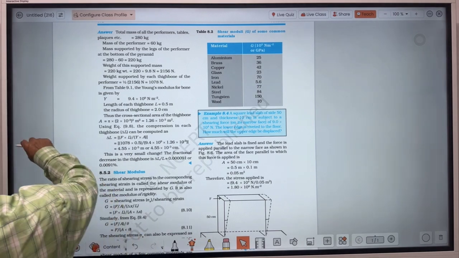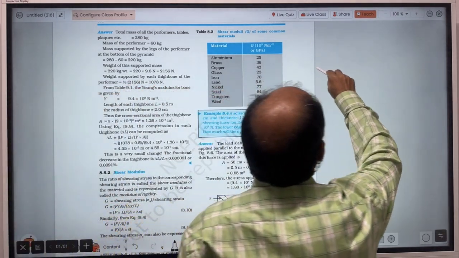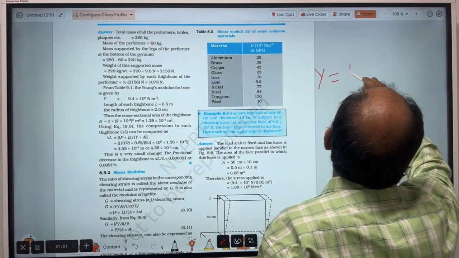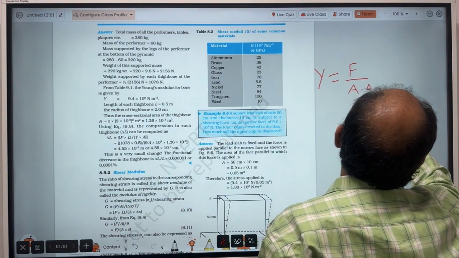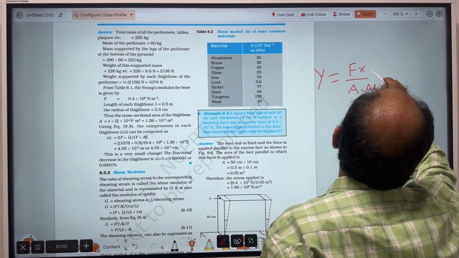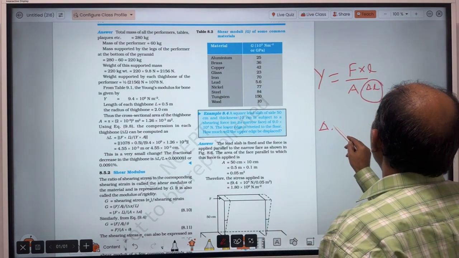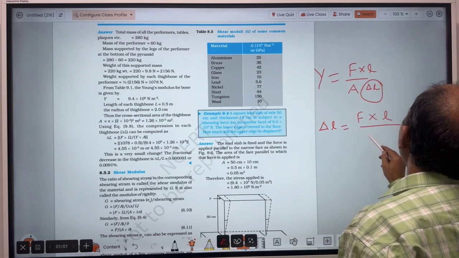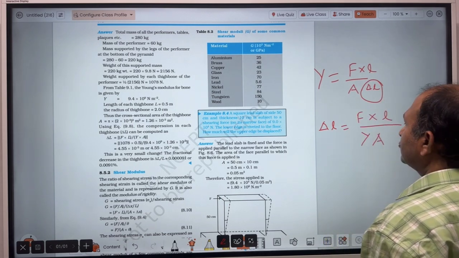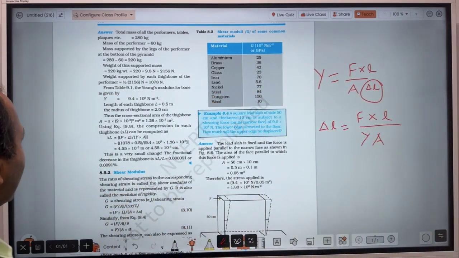Your concern is to get delta L. So with this information you can easily get Young modulus equal to F divided by A times delta L divided by L, and your purpose is to get delta L. So write delta L equals F into L divided by Y into A. Put the values. You can easily calculate.